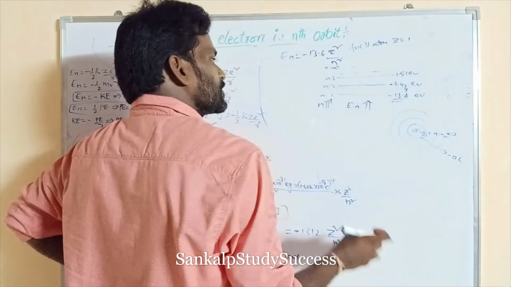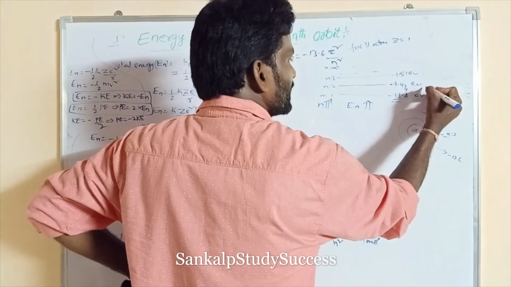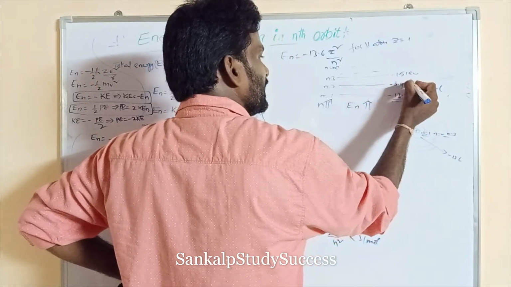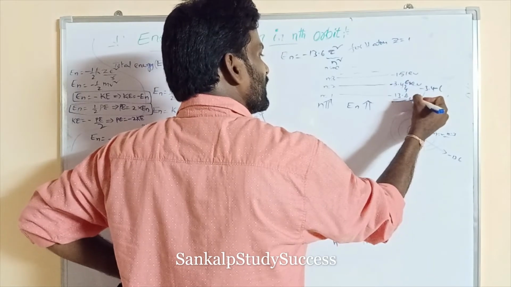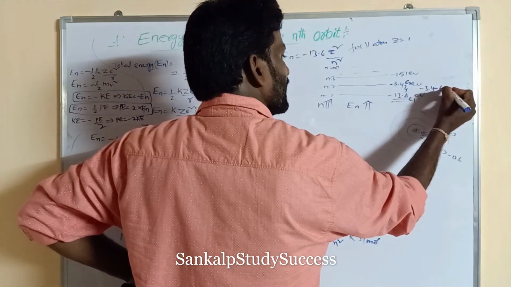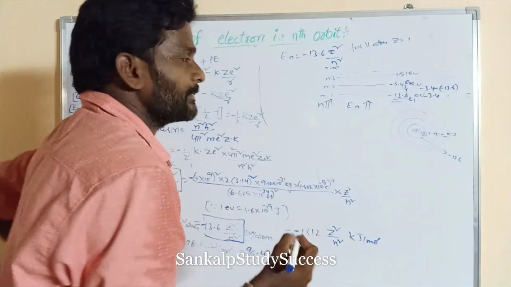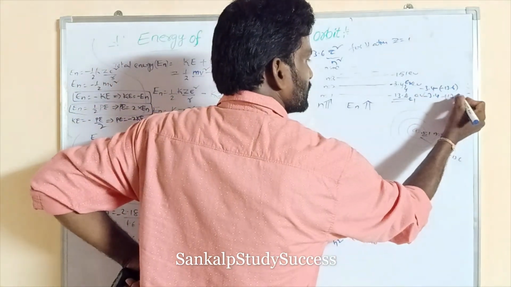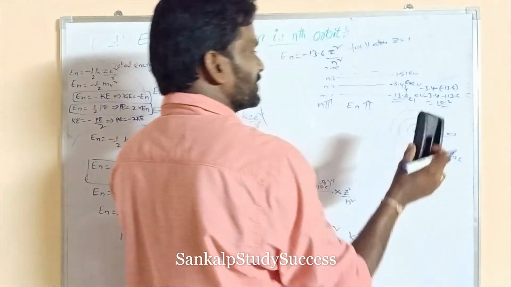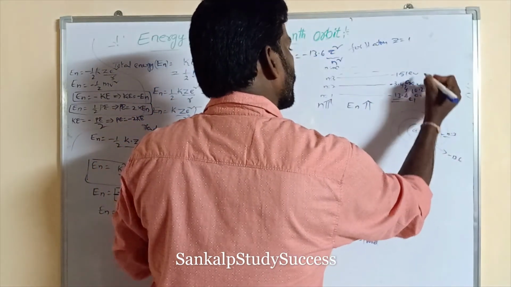E2 minus E1. E2 is minus 3.4, this is E2 and this is E1. E2 minus E1 is minus 3.4 minus minus 13.6, which is minus 3.4 plus 13.6, equal to 10.2. So its energy gap is plus 10.2.